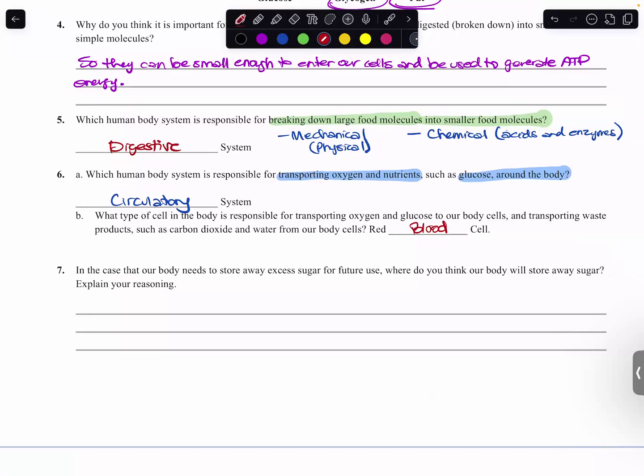In the case that our body needs to store away excess sugar for future use, where do you think our body will store away sugar? Explain your reasoning. So where is a good place that our body would store away any excess sugars that we need in the future? It has to be somewhere that's readily available for us.